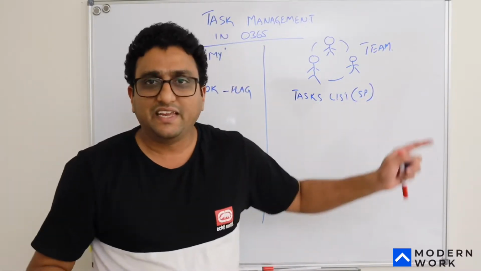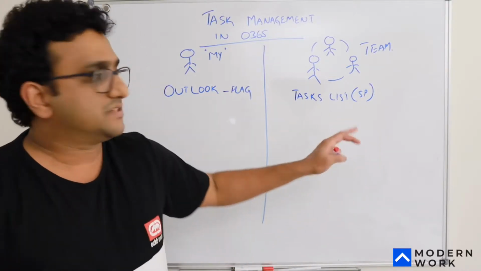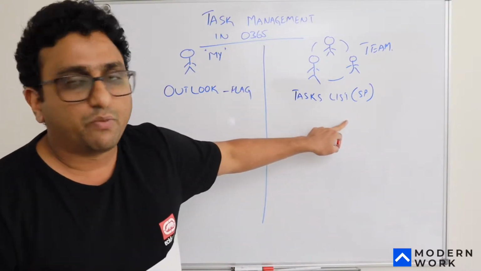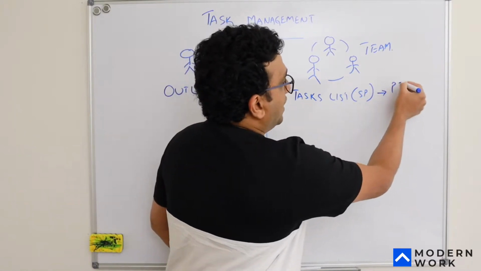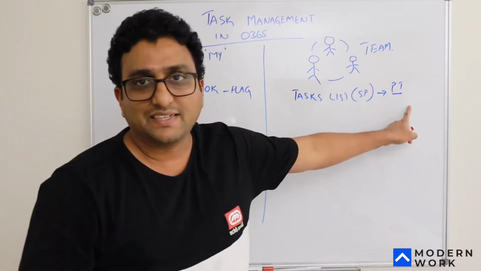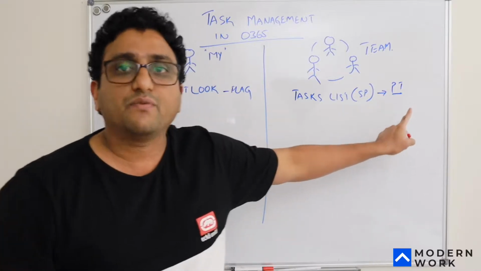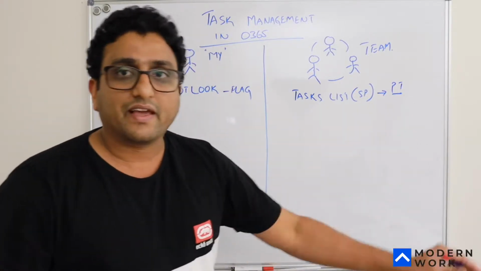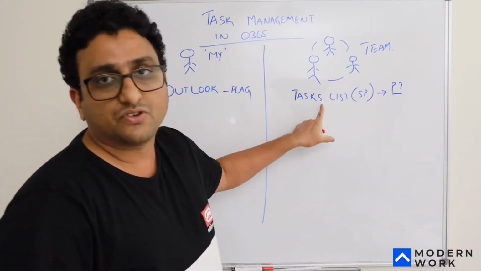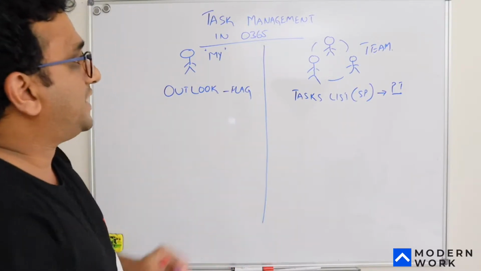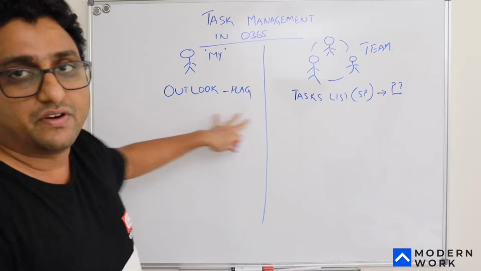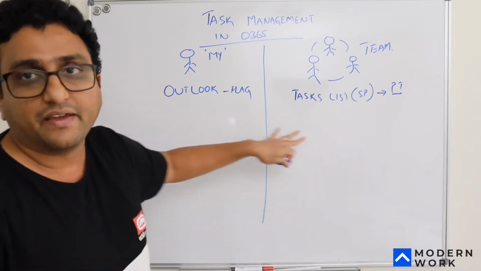Then we have certain niche tasks which are derivatives of SharePoint tasks, like project tasks and so on. I'm not going to touch on the project tasks just yet. There's a reason for that, which we'll talk about in the coming videos. But for now, just concentrate on the tasks list within SharePoint. All right. So that's what we had back in the day.